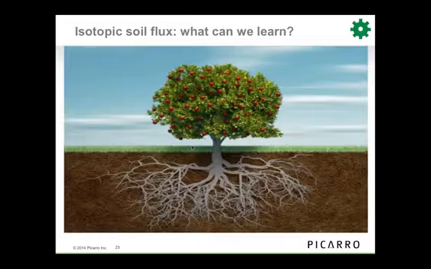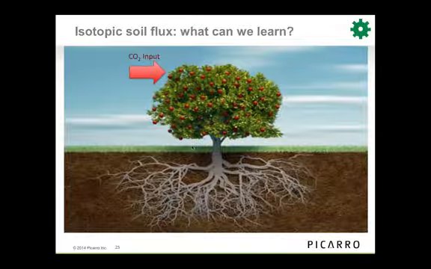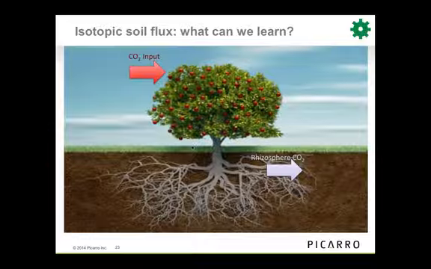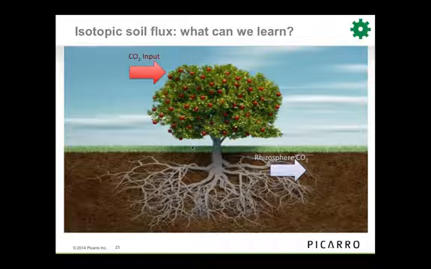So again, going back to the picture Nabil had shown, isotopes provide us a really great way to trace how carbon is moving through a system. We start with a CO2 input from the atmosphere, which goes into the autotrophic organisms. That gets fractionated by various biochemical processes as it transfers down through the leaf, down the stem, and into the root. So we get a signature that comes in and a signature that comes out that are very different. I'm talking about isotopic signatures here.